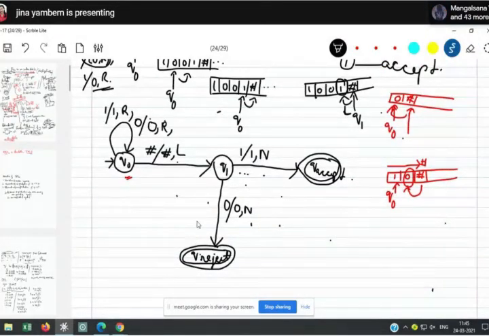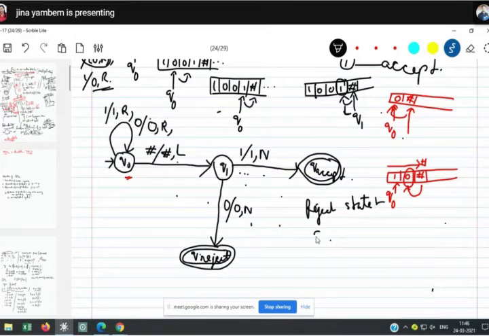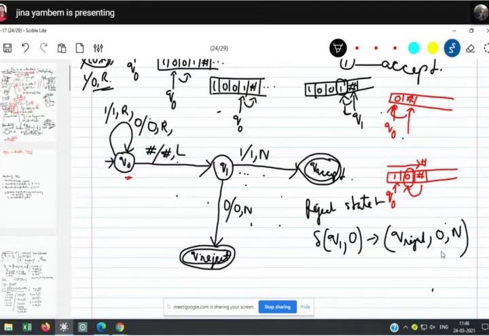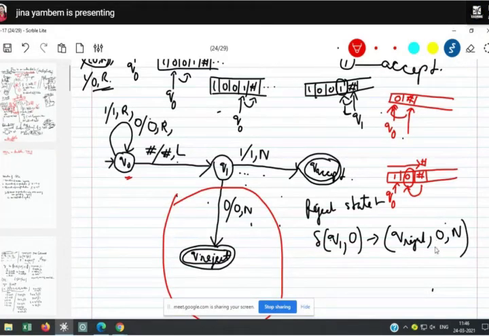Instead of adding the rejection in the diagram, I could have inserted the reject state or rejection list: delta of q1, 0, then QReject. Instead of adding in the diagram, you could specify like this also.